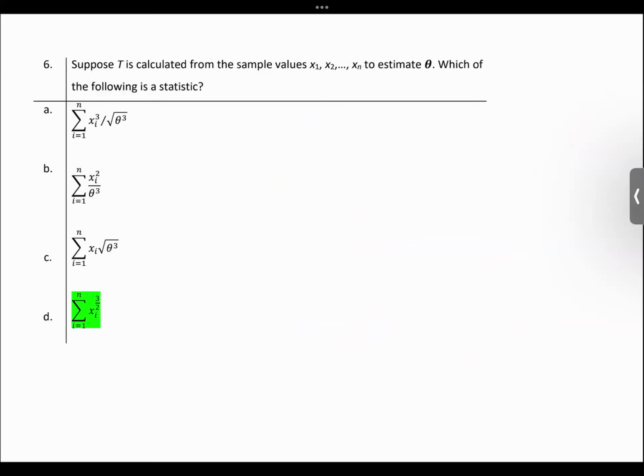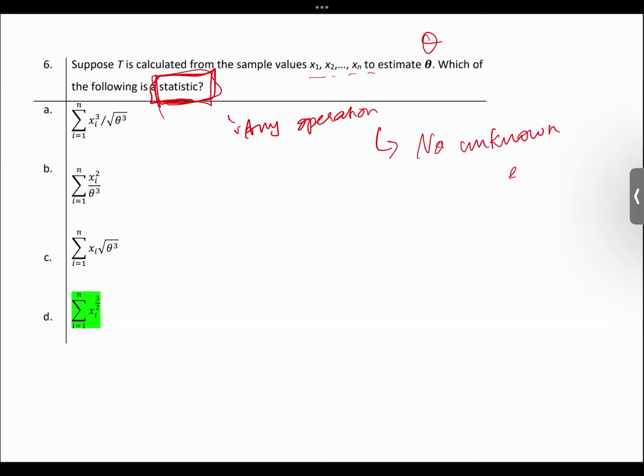Sorry, the answer is highlighted. Anyway. Suppose T is calculated from the sample values x1, x2 up to xn to estimate theta. Which of the following is a statistic? By the definition, a statistic is basically any operation done on a random variable with no unknown parameters.